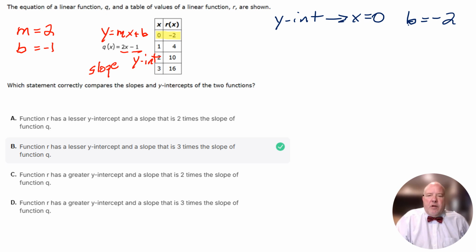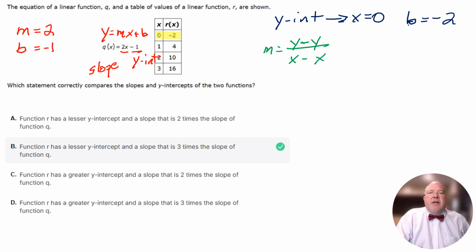Now I need to find the slope using the table here. To find the slope, m is equal to, and this is something you need to memorize, the difference in the y values, so y minus y, over the difference in the x values, so x minus x.